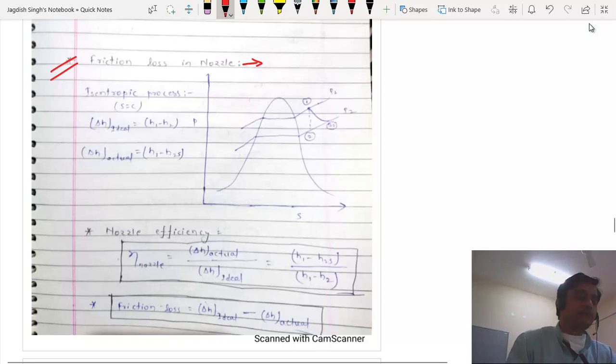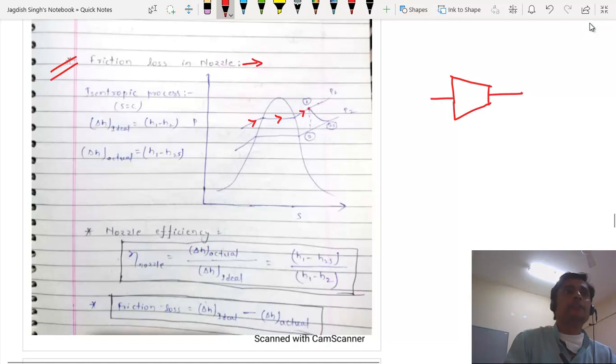So let us suppose this is the nozzle. This is the entry point and this is the exit point, right?